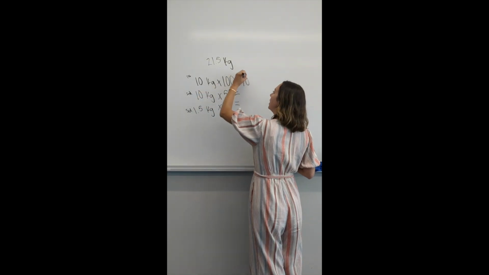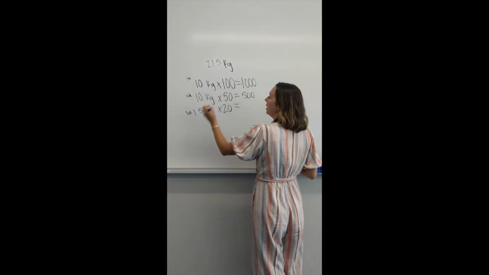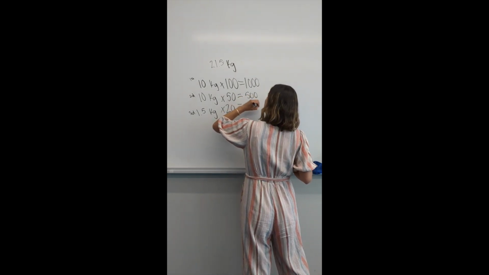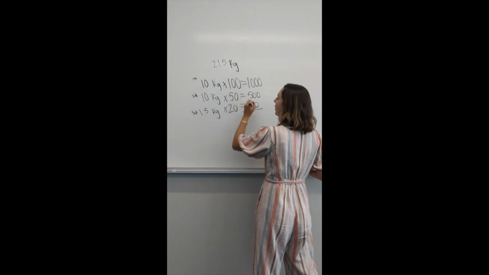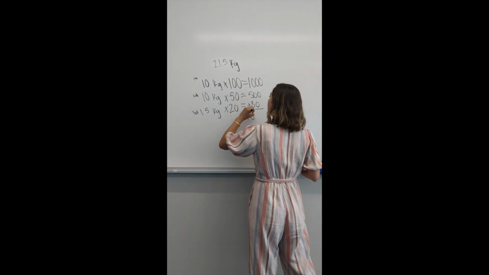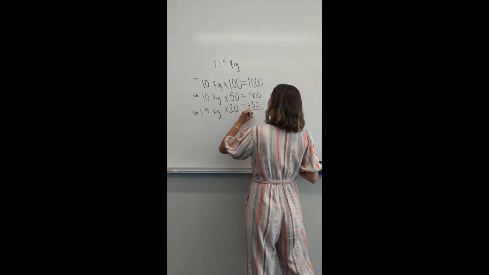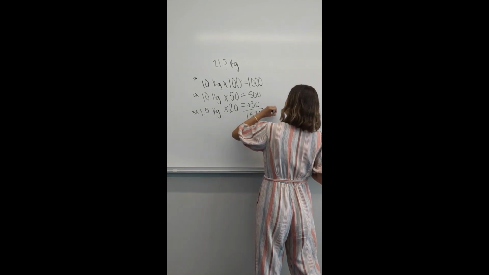So we've got 1,000, we've got 500, and then we have 30. Because I lined them up by row, I can just add these together. So it's 1,530 mils per day.